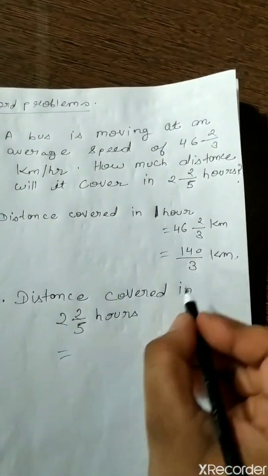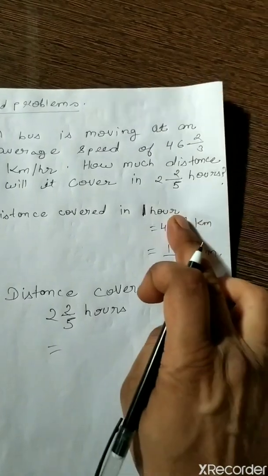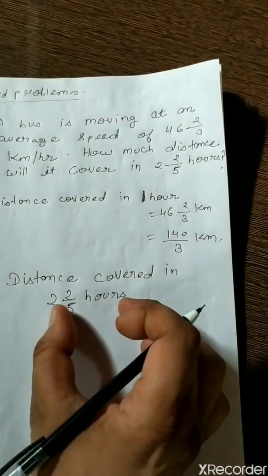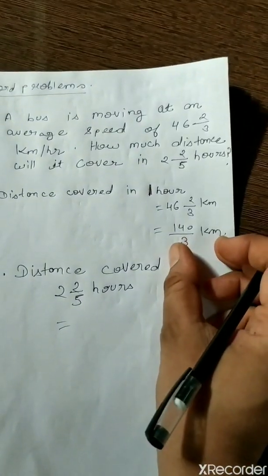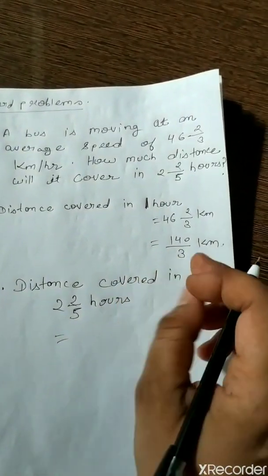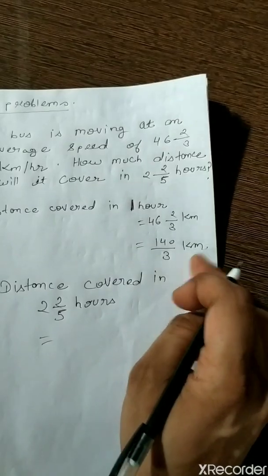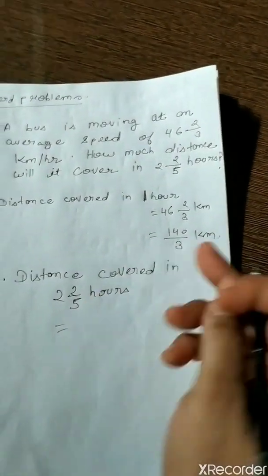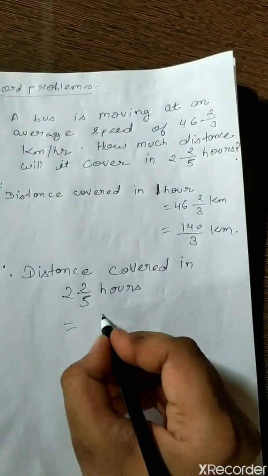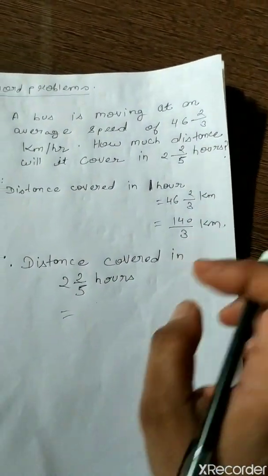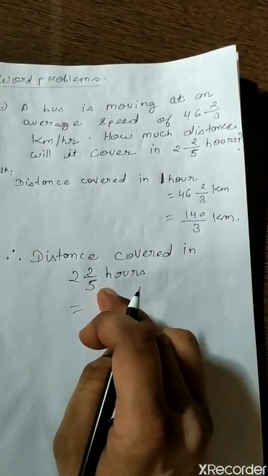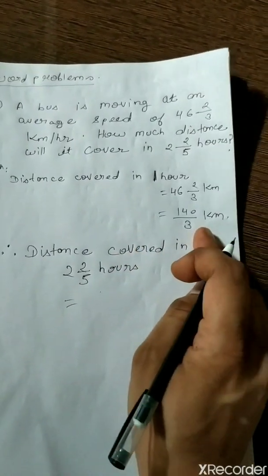equals, we will multiply this distance covered in 1 hour with this time, because by formula also, distance is speed into time. It is the speed only, distance covered in 1 hour, so speed into time will give the distance here. And by the unitary method also, distance covered in 1 hour is this, then for the distance covered in any other time you have to multiply.